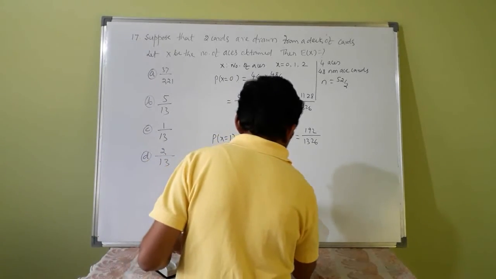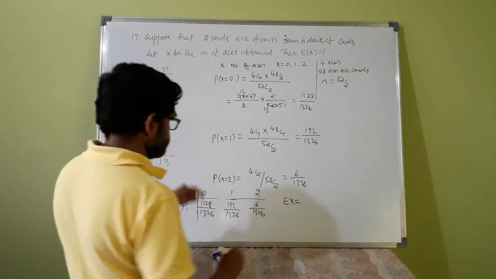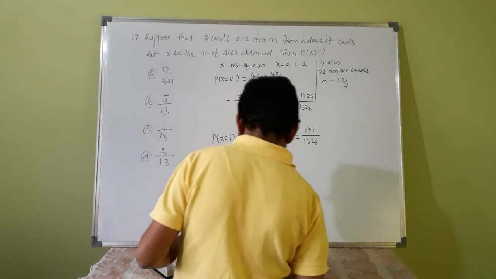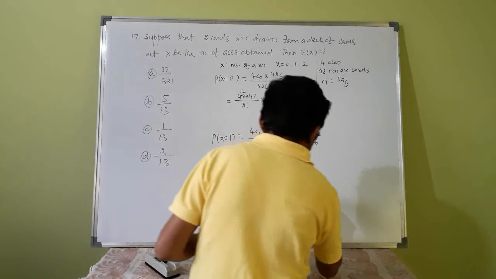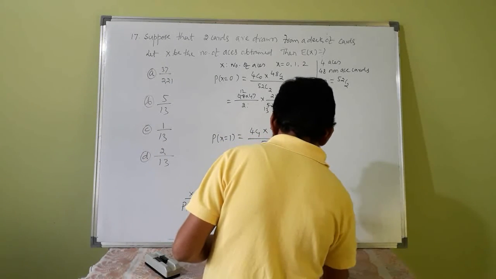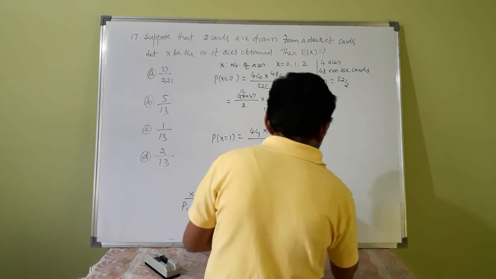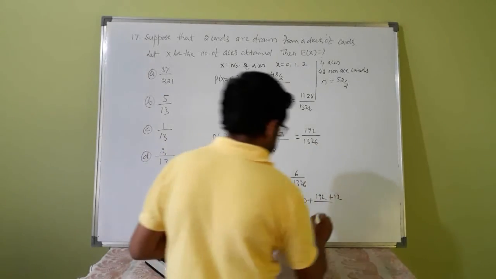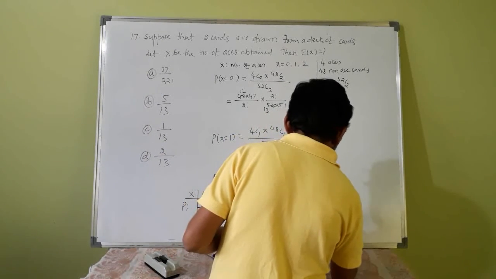Then expectation of x is, see, this will become 0 plus 192 plus 12, that is 2 into 6, divided by 1326.